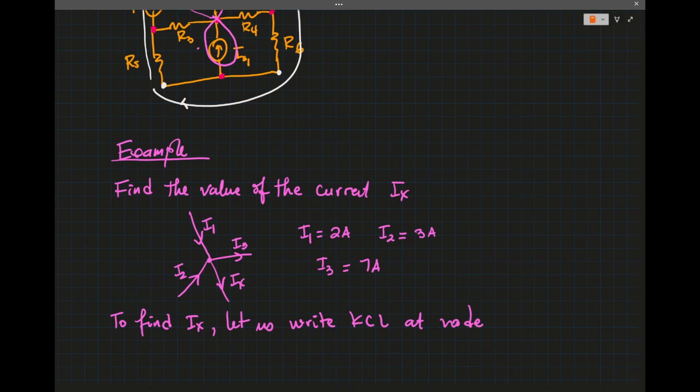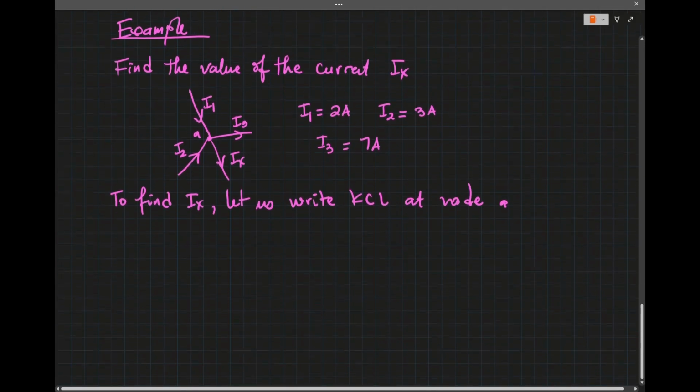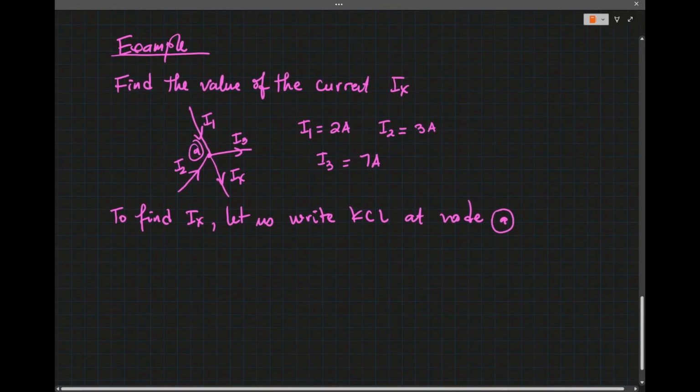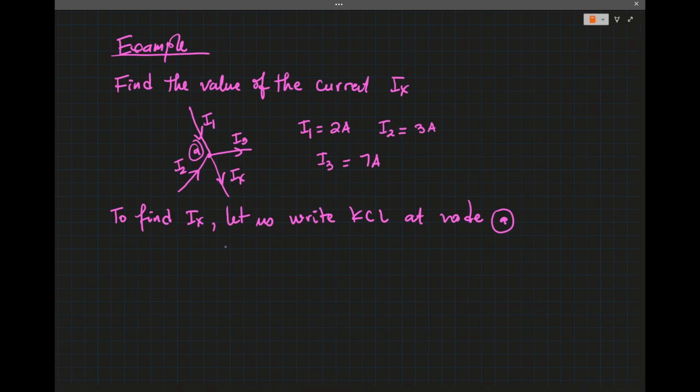Let's say I call this node A. Put a circle around node A. The KCL says that the sum of the currents coming into the node, which is I1 plus I2, equals I3 plus Ix.